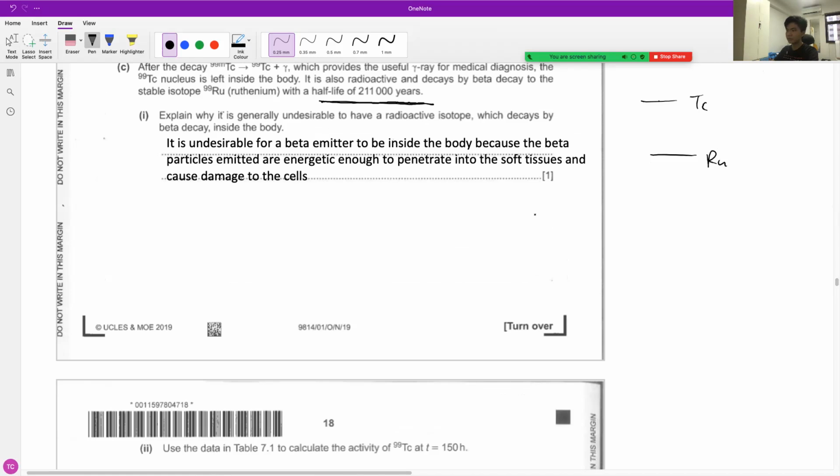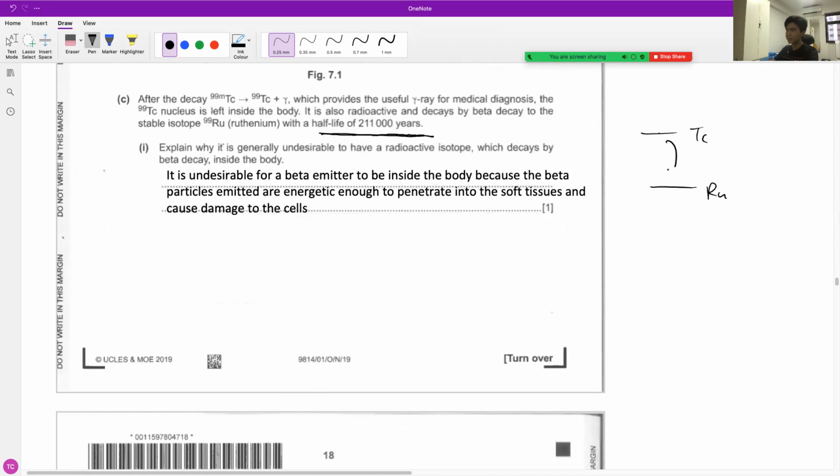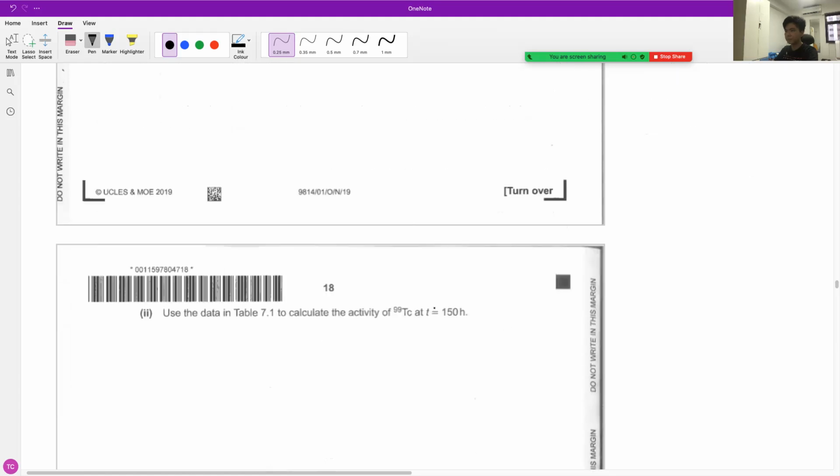The half-life is 211,000 years, a very long time, right? And we need to calculate the activity of this TC at 150 hours.